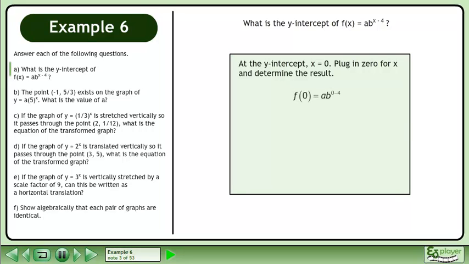Plug in 0 for x. This gives us a times b to the negative 4 on the right side. This becomes a over b to the 4. The y-intercept is 0, a over b to the 4.